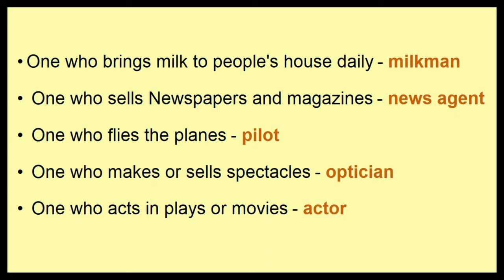One who flies the planes. Here one word is pilot. Next is one who makes or sells spectacles, and that person is known as optician. Next is one who acts in plays or movies, and one word for that person is actor, right?